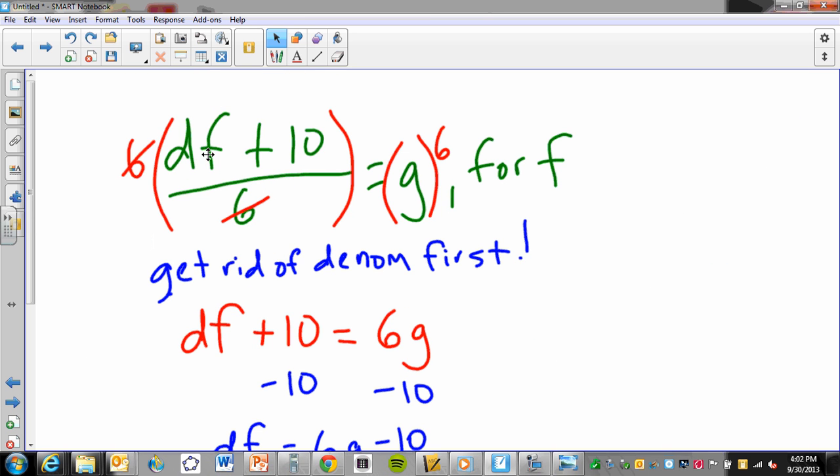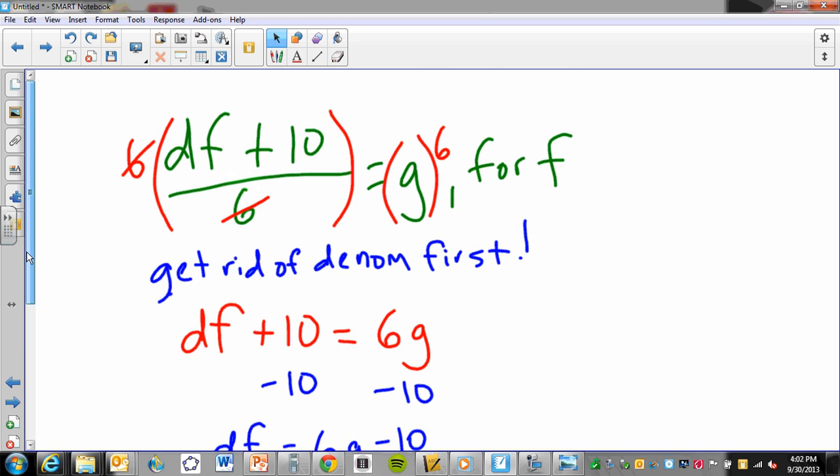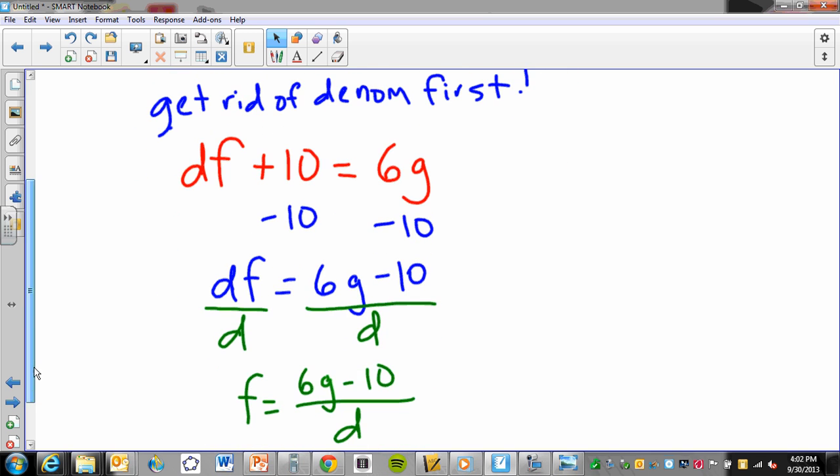Another example, df plus 10 over 6 equals g, and we're solving for f. First thing we want to do is just get rid of that denominator. Multiply both sides by 6. 6 over 6 cancels. We are left with df plus 10 equals 6g. Now it's virtually a two-step equation. Subtract 10, subtract 10.